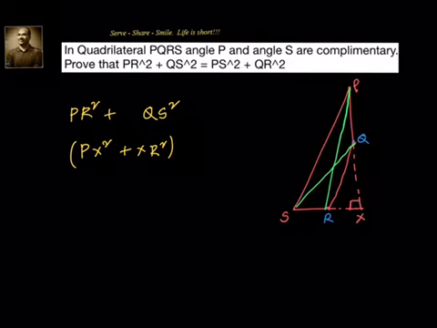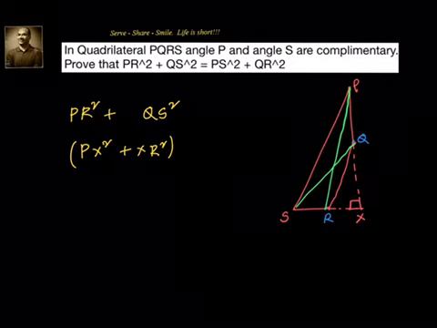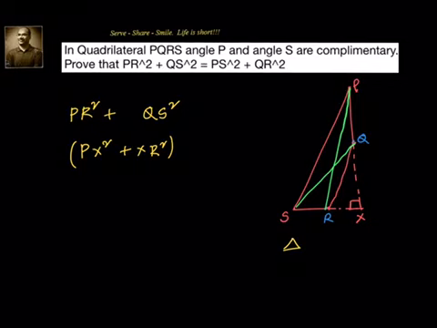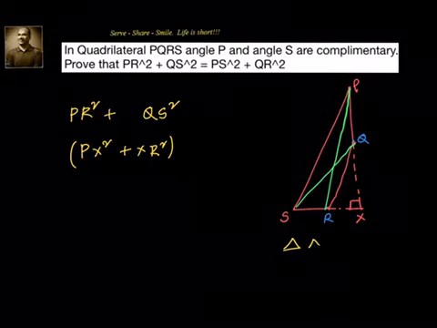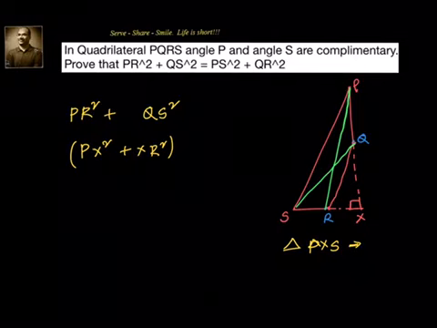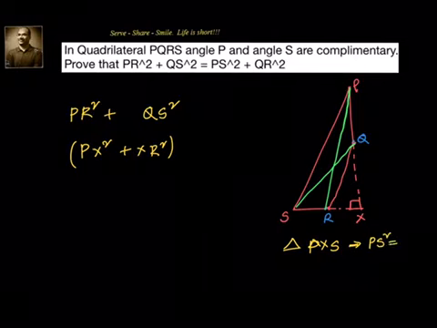Let's write down here all of them. Let's apply Pythagoras theorem. First let us take triangle PXS. We know that PS square equal to PX square plus XS square.